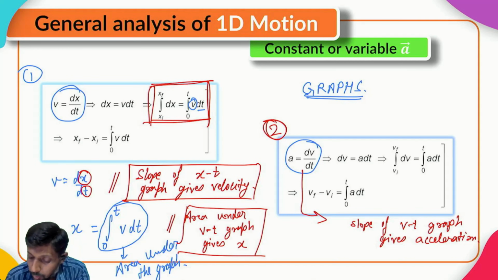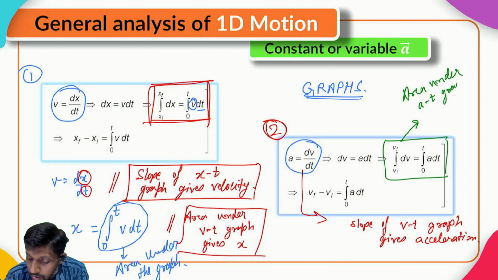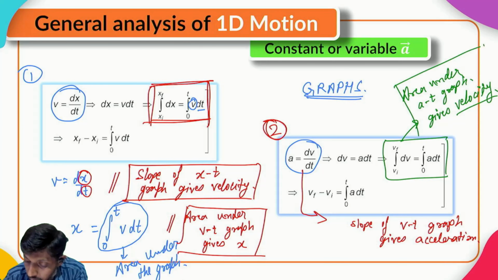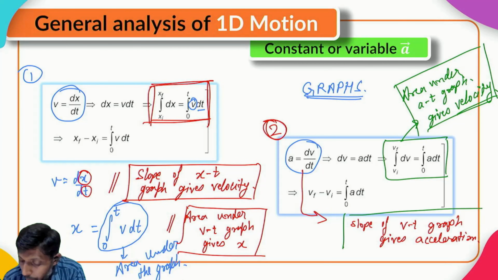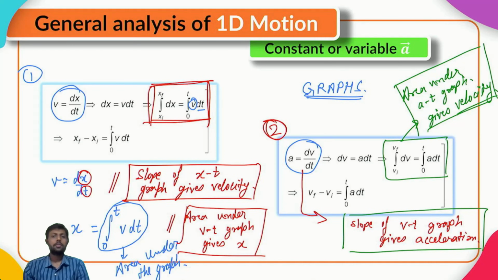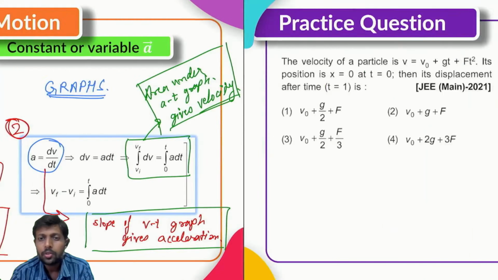The other information we can extract from this is area under acceleration time graph gives us something. What? It gives velocity. Please remember these four results, okay? Very, very important for solving questions. Once we are thorough with all the equations of motion, we can start solving problems now. So let's move on to questions.